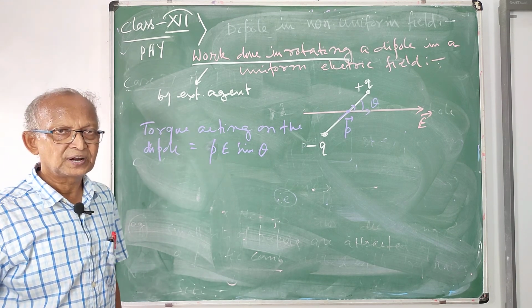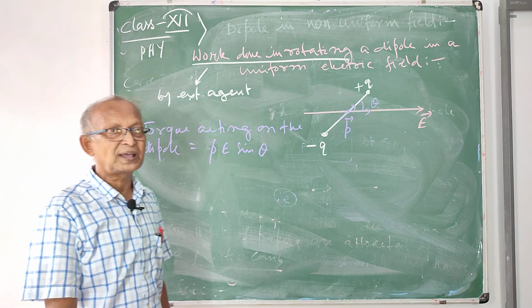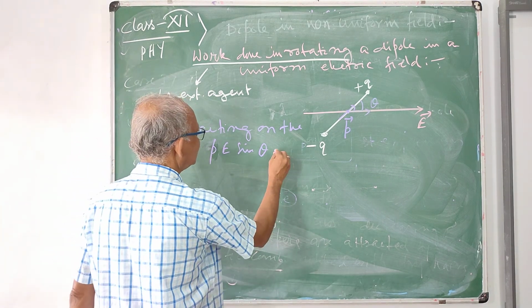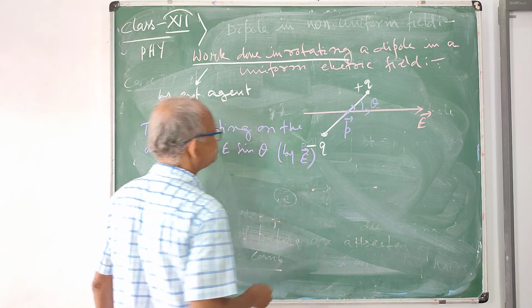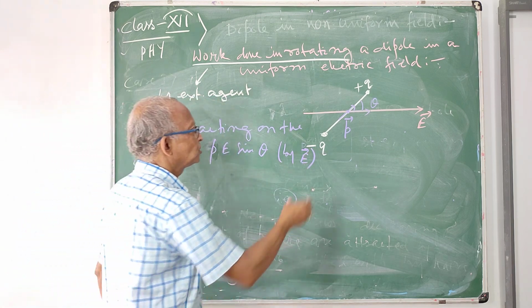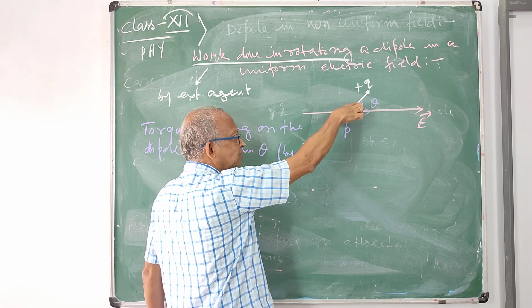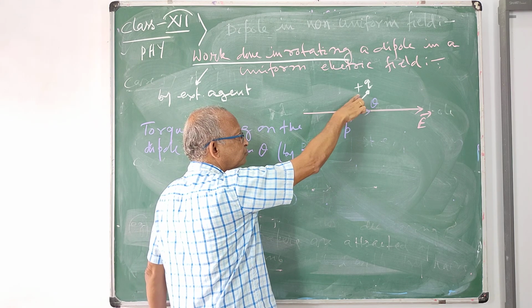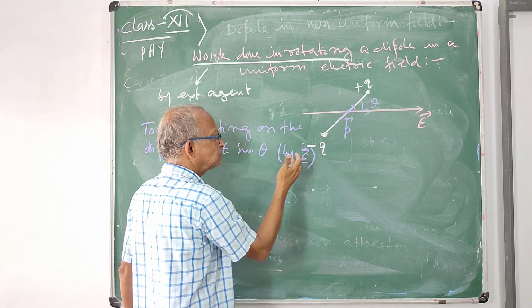Torque acting on the dipole is P E sin theta. This torque is produced by the electric field. It is by E. So to counterbalance this torque, you have to give a support. You have to provide a torque in the opposite direction, exactly the same amount.